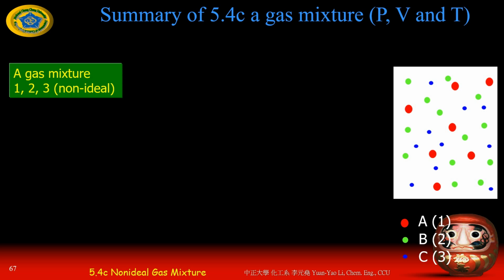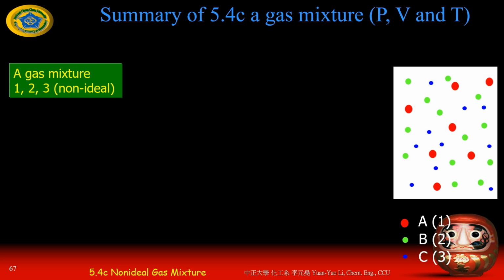Assume we have three types of gas in the chamber, in the system, let's say A, B, C. Because this system is non-ideal, we want to use Kay's rule to find out the pressure, volume, and temperature relationship.